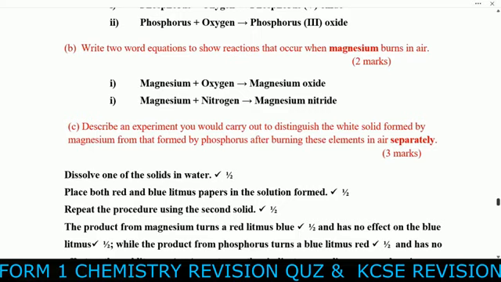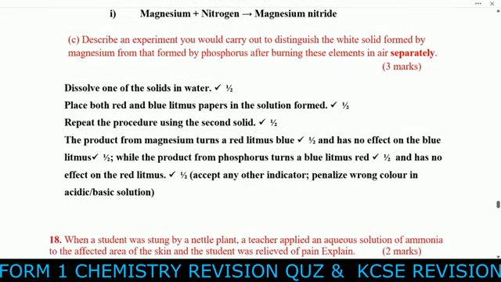Next, you are to describe an experiment you would carry out to distinguish the white solid formed by magnesium from that formed by phosphorus after burning this element in air separately.